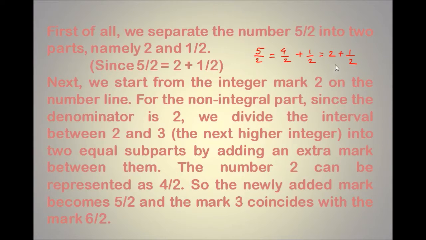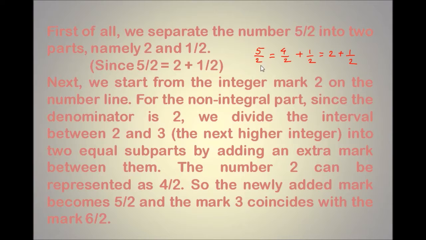So what will be the interval that has to be taken? First of all, we have to decide what interval should we take. So one of the numbers is 2. And which one will be the second number? We will be taking 3, because it will be lying to the right of 2. So we will be taking the next higher integer.